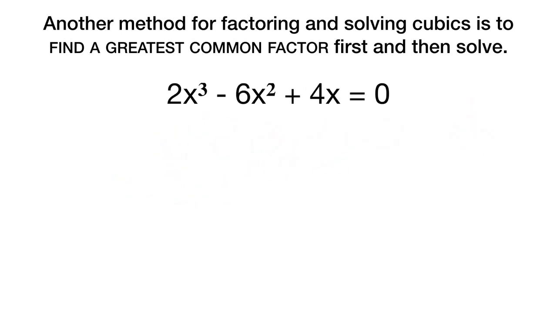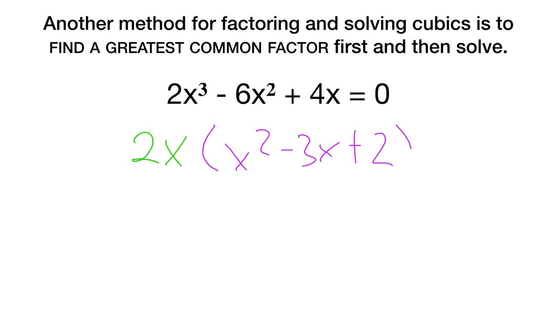All right, let's try this one. So our greatest common factor, let's see, all three of these are multiples of 2 and of x. So this becomes 2x times x squared minus 3x plus 2. So let's see, what are two numbers that multiply to be 2?